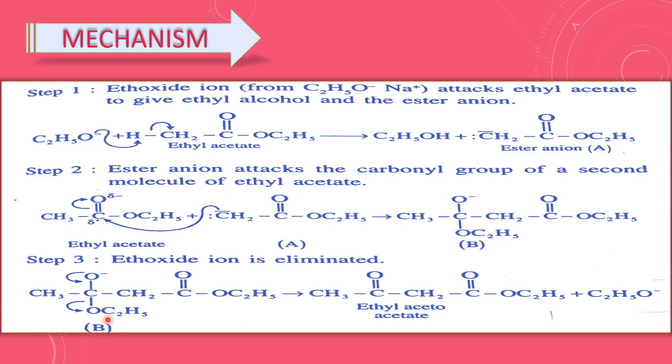And lastly, the O minus C2H5, the C2H5O minus ion, or base, is removed. Actually the base used at the start, the ethoxide ion C2H5, is removed, and the main product formed is CH3 C double bond O CH2 C double bond O C2H5.